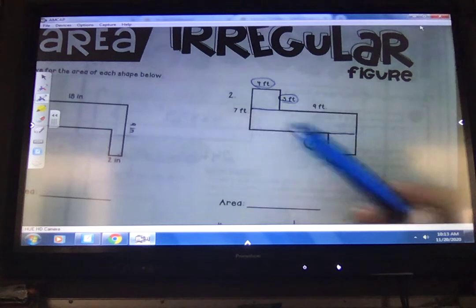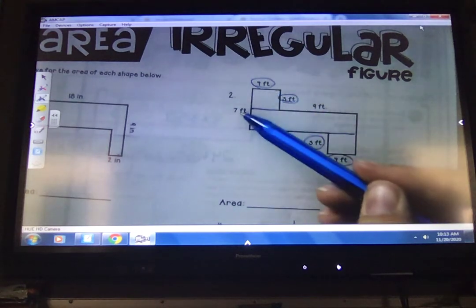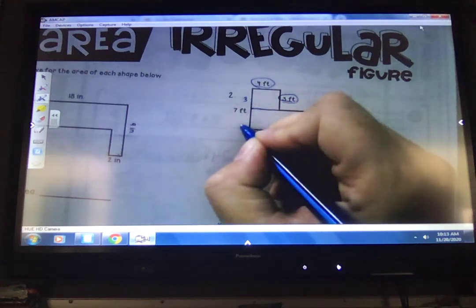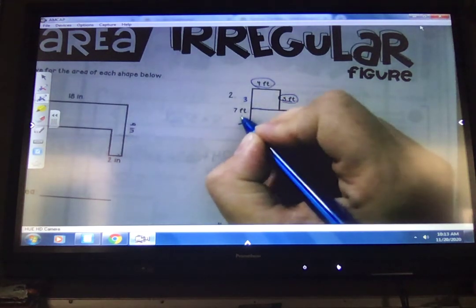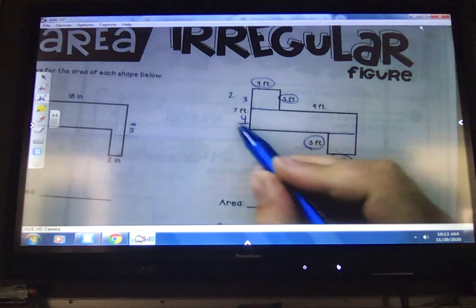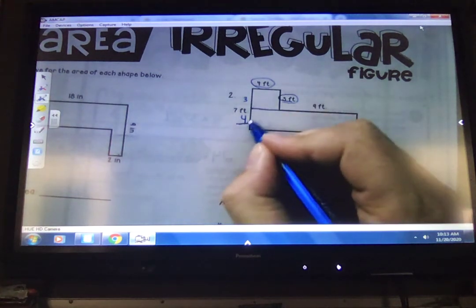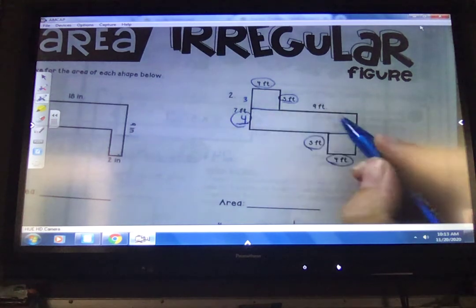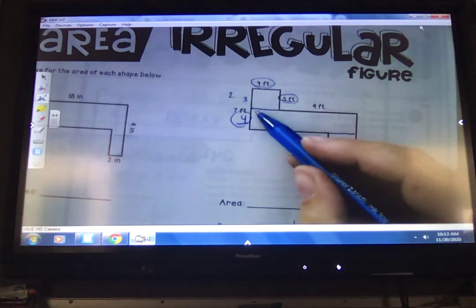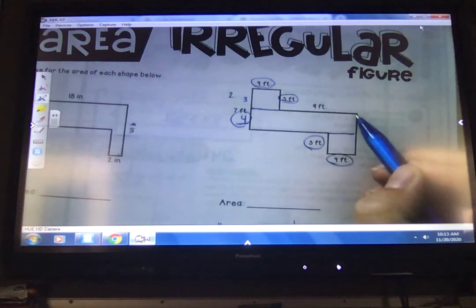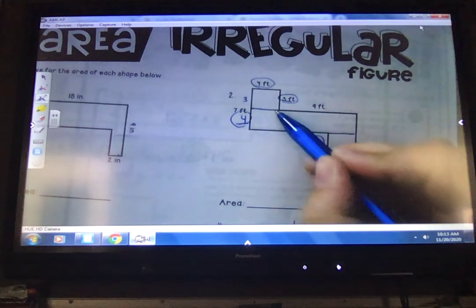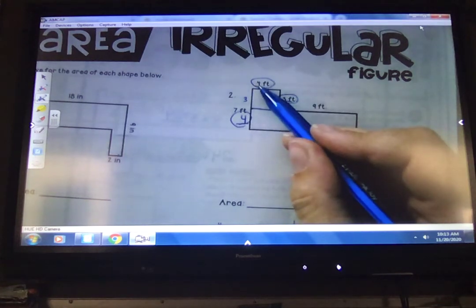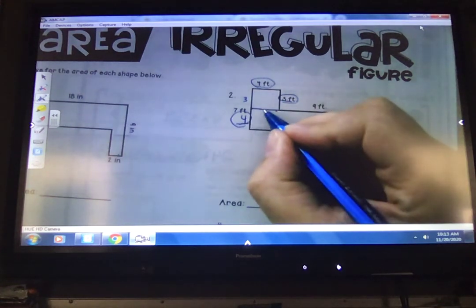So if we look at this middle one, this entire line was 7. 3 went to the top. 3 plus what is 7? 3 plus 4. So 4 is one of my numbers I need to use. Okay, now we've got to find the top. Now we just made this side longer. It was 9 from here to here. We added another line, which if you look up here is 4, which means this is 4.